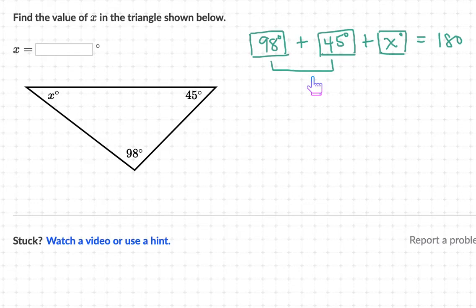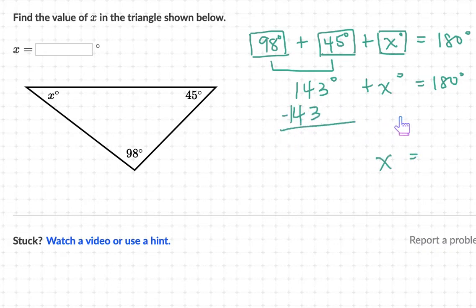They can be added together because they are like terms. They're both just normal constants, numbers. You get 143 degrees plus x degrees equals 180 degrees. Then to solve for x by itself, you're going to subtract 143 from both sides. That'll cancel over here. On the right-hand side, that'll leave you with 37 degrees.